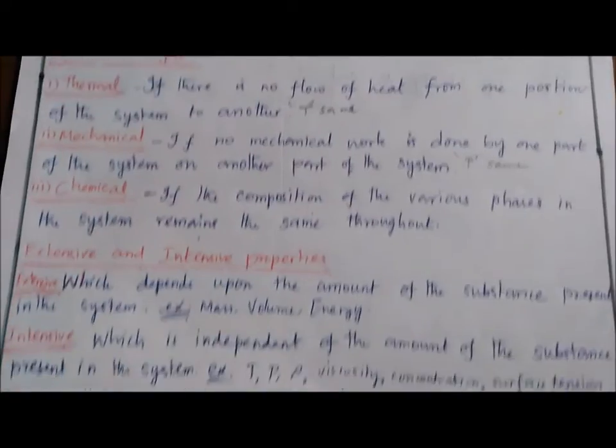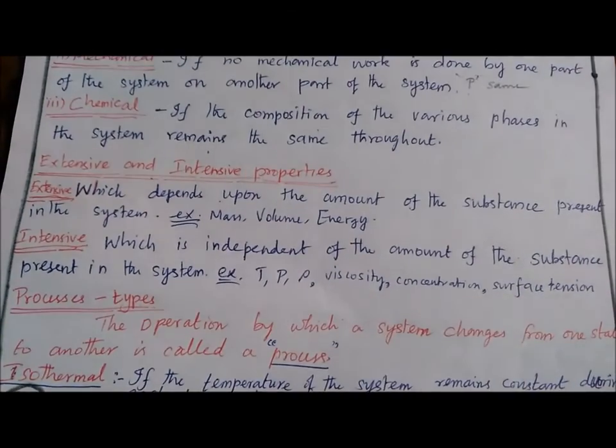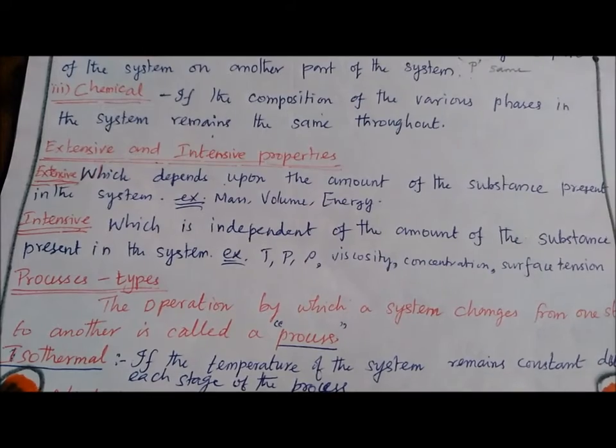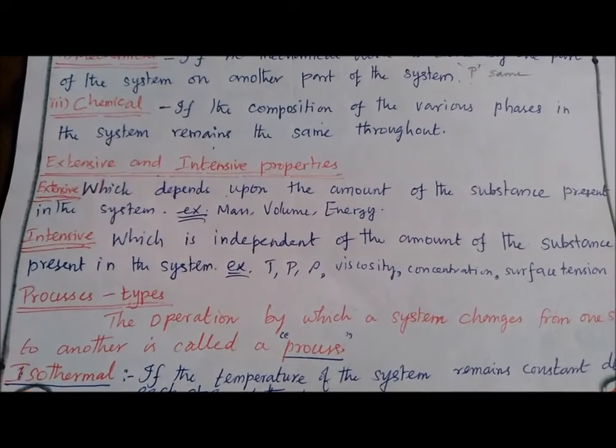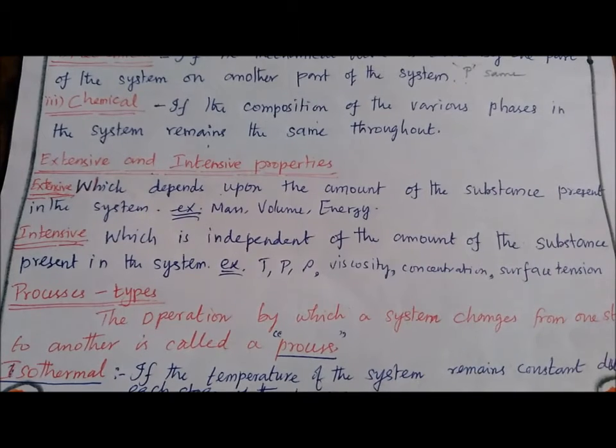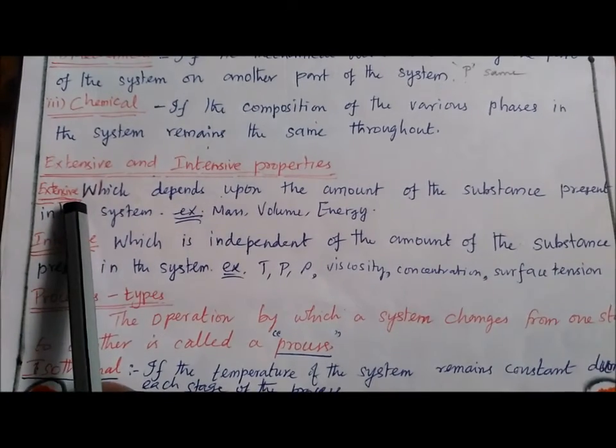Next we can go for some other properties. What are the properties? Okay, extensive and intensive properties. So there are two main properties, extensive and intensive properties. What is an extensive property?